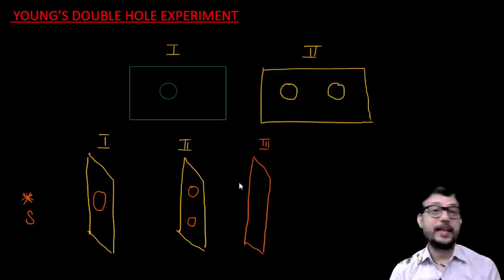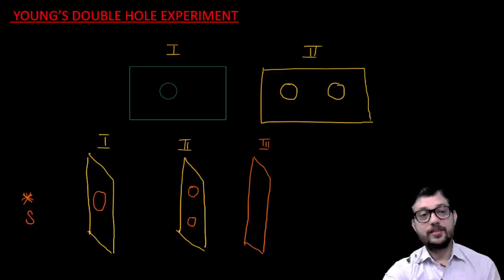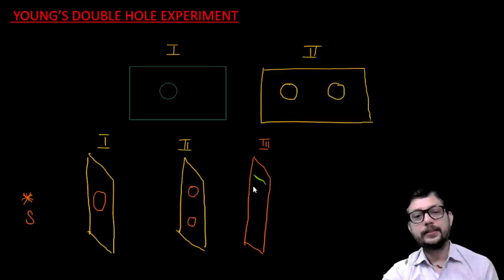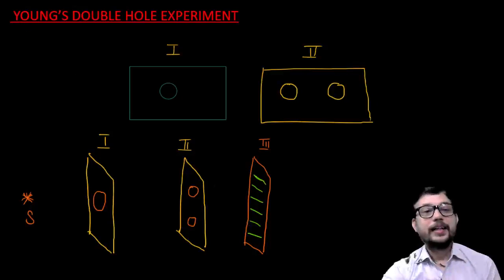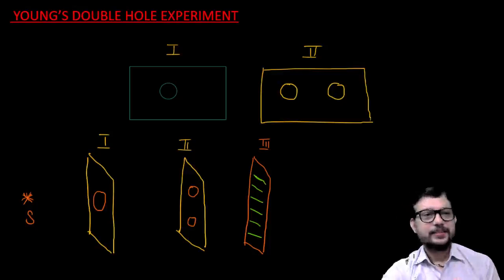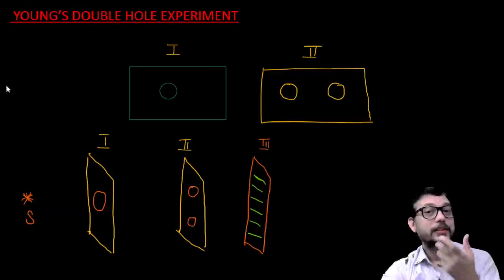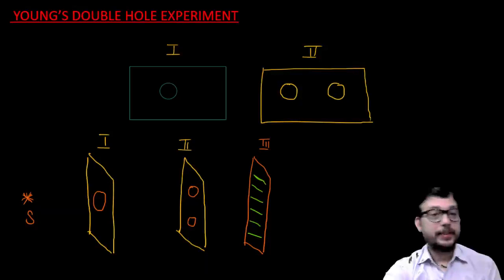What was that pattern? We can simply see that the light rays are like this way. I'm trying to show you what is actually going on during the experiment.